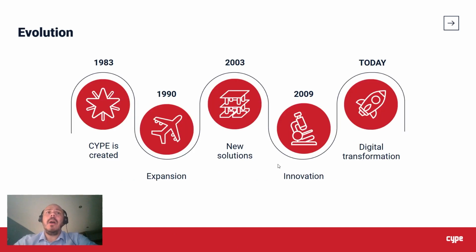As I said before, we started in 1983, and after a lot of expansions, new solutions, a lot of innovation, our main goal nowadays is to contribute to the digital transformation of our sector, digitalizing the AEC sector. It's not an easy task, but we are trying to help with our solutions, our software, in this digitalization.